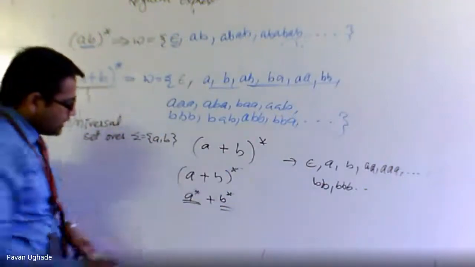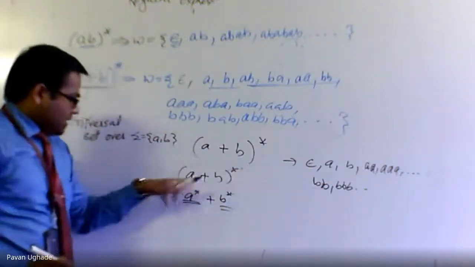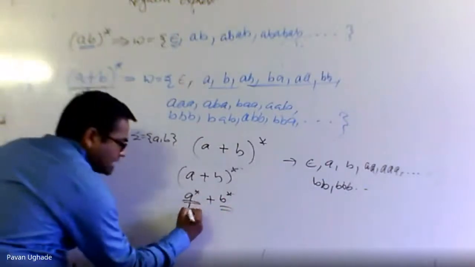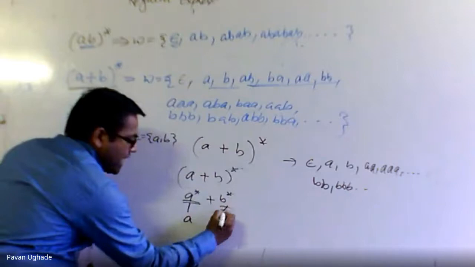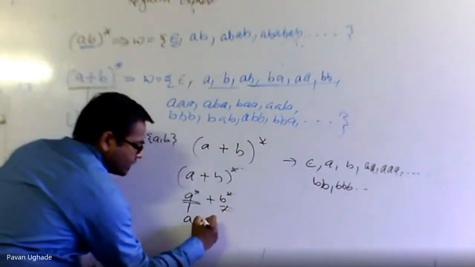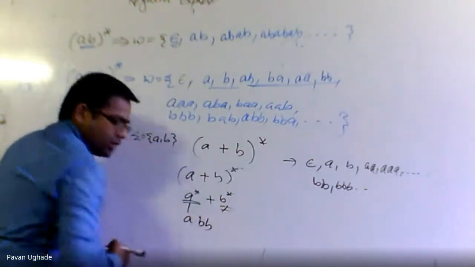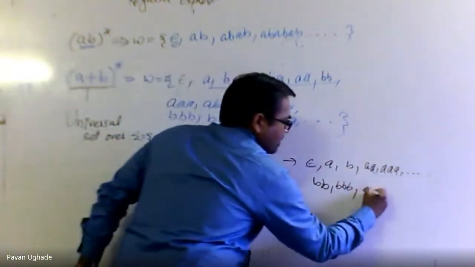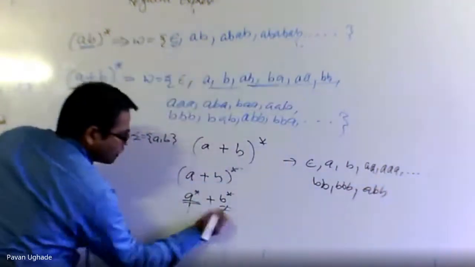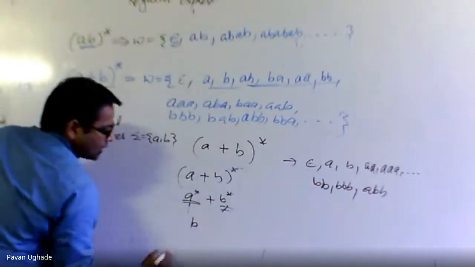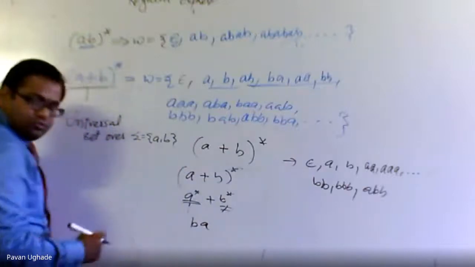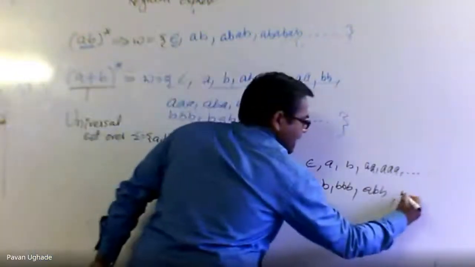This is what it can be, right? I can make either A closure or B closure. Now what happens? I consider one A from here and two Bs from here. As it is or, I can club them. There is no problem. So I can get another string, AB. Or I can start with the Bs, then start with A. I can get the B also.